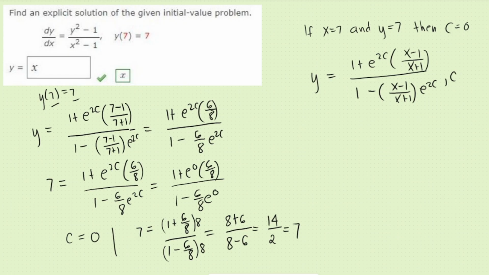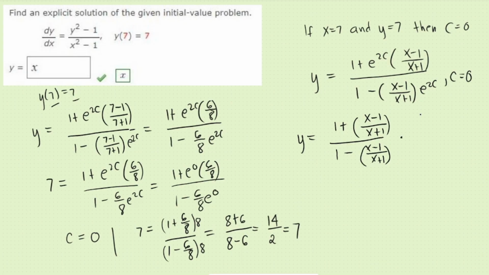But now we found the value of c, which is 0, so we can plug that in there. e to the 0 is 1, so we can actually neglect that. We don't write that one. So we have 1 plus (x minus 1) over (x plus 1), all over 1 minus (x minus 1) over (x plus 1). We just neglect this because this is 1, because we found that the value of c is 0.